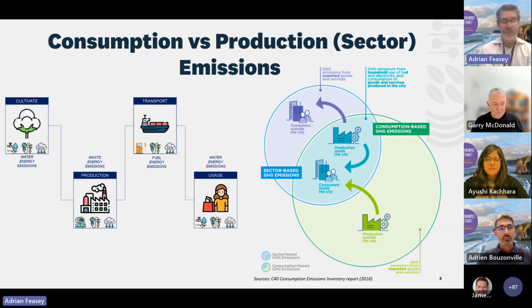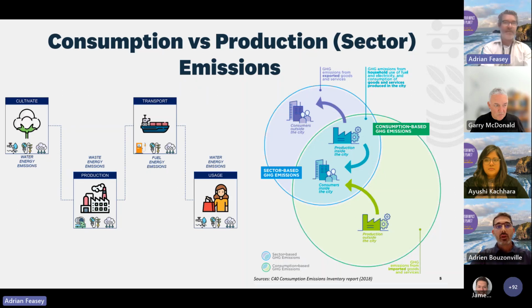However, regions also consume significant quantities of goods and services, and the emissions embedded within those. And these are produced outside of their boundaries, i.e. Scope 3 emissions. And these are not included in production inventories, which is why a consumption-based inventory account gives us another way of looking at that information.